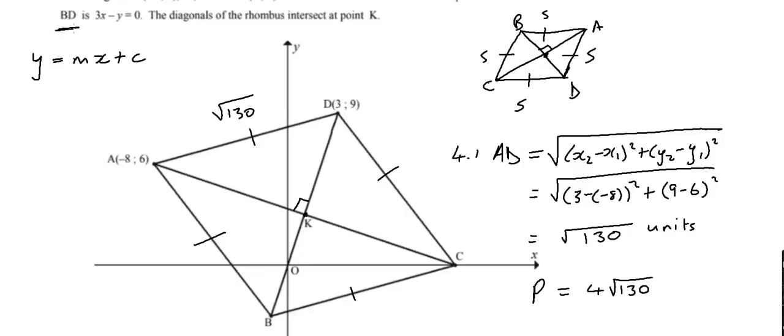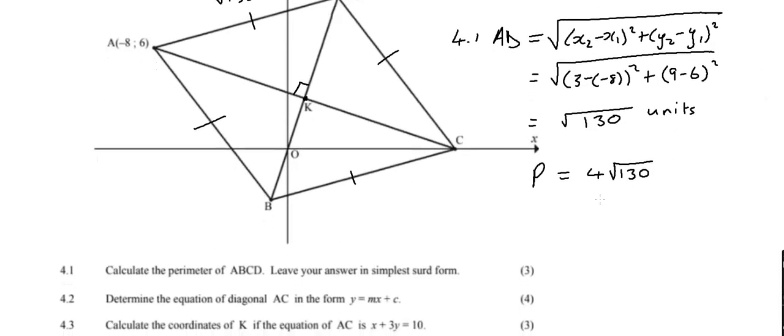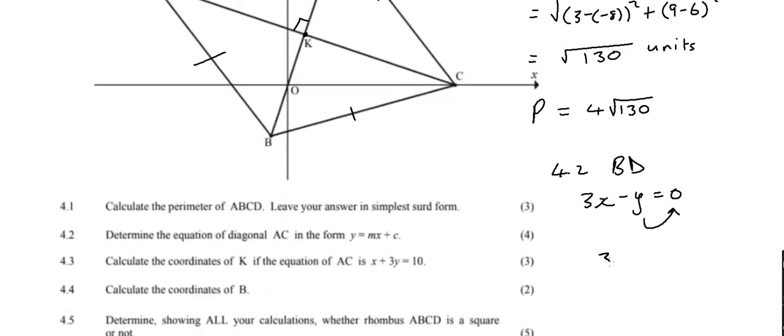So we must use the perpendicular lines. Remember, they said BD has an equation 3x minus y equals 0. So let's start there, with the equation of BD, 4.2. We know it's 3x minus y equals 0. If you send the y to this side, you have 3x equals y, or y is equal to 3x.